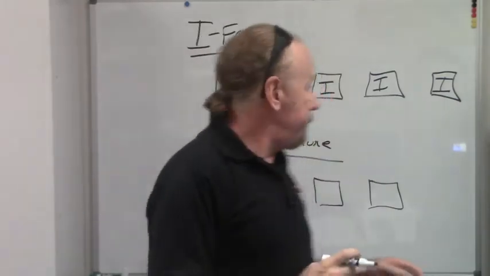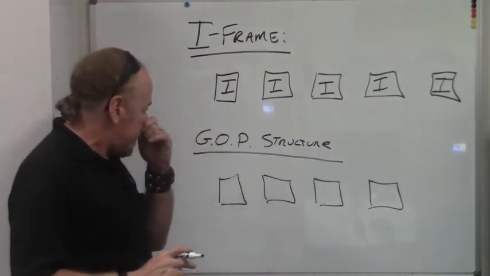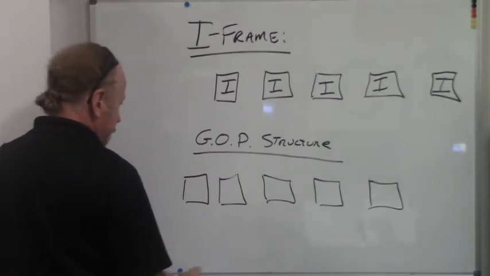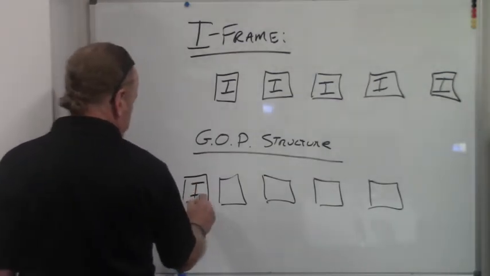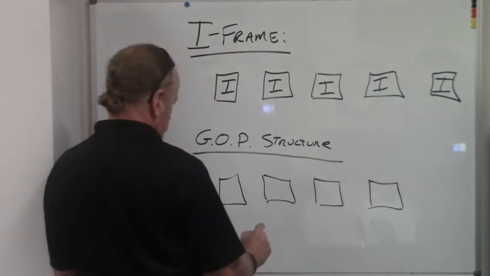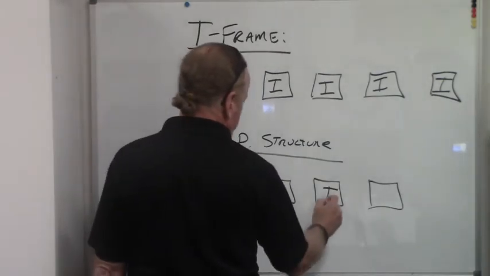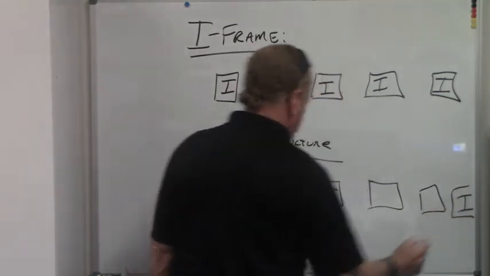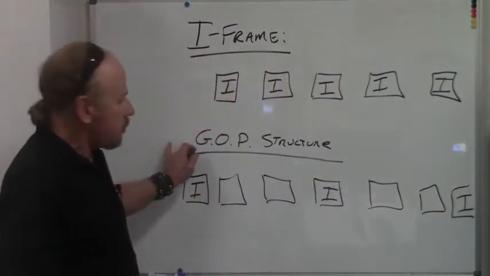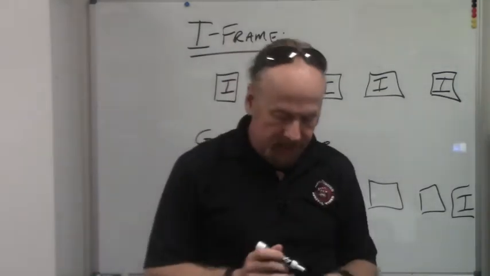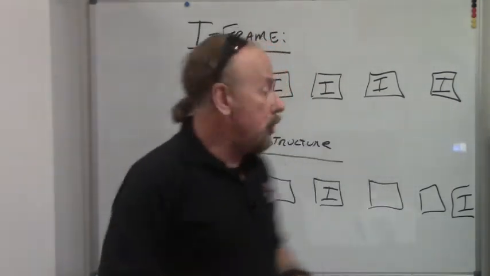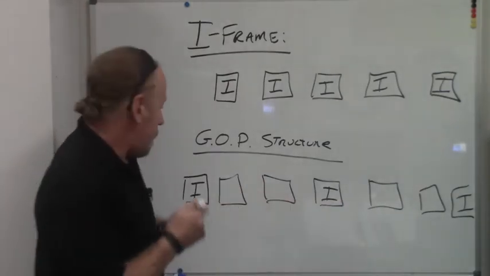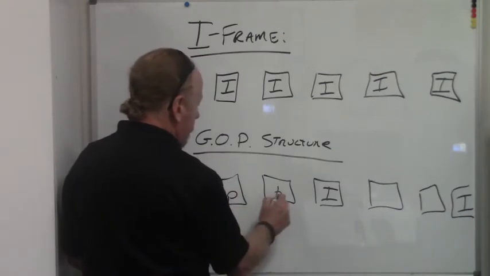Now what a G.O.P structure, let me tell you the way the G.O.P structure works here. The way a G.O.P structure works is each frame is a little different. You have about one iframe to each 3 frames. And then we have what are called P and B frames.